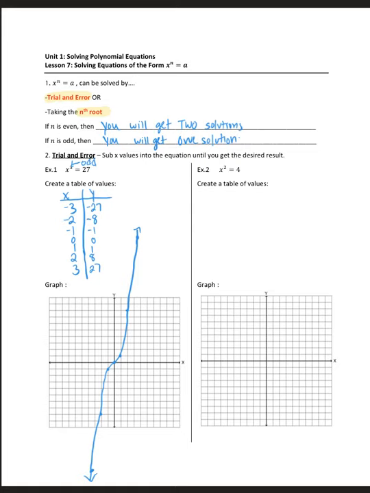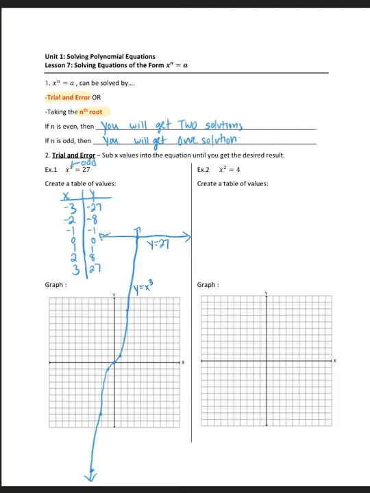Okay, so the graph we just created is if we were to say y equals x to the power of 3, right? We have lots of different values for when we substitute into our x and then our y values. So if we wanted to graph the equation y equals 27, that would just be a horizontal line that crosses at 27.